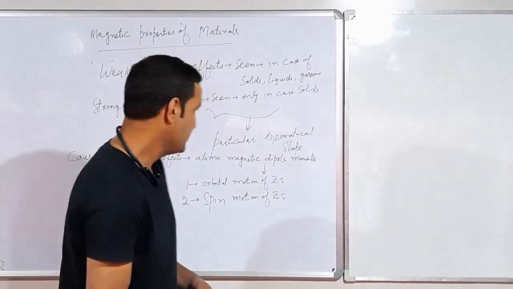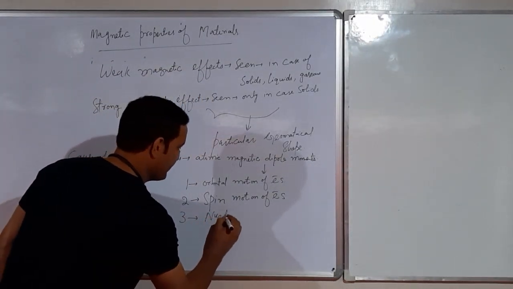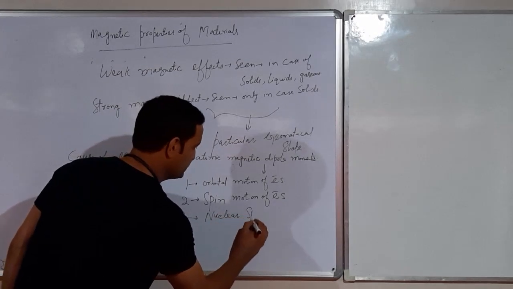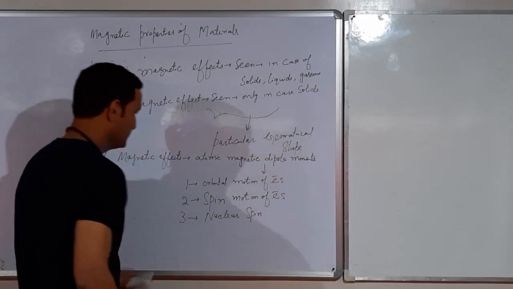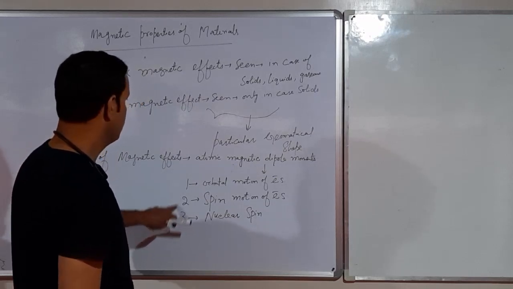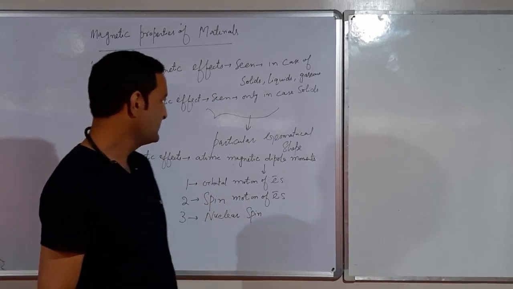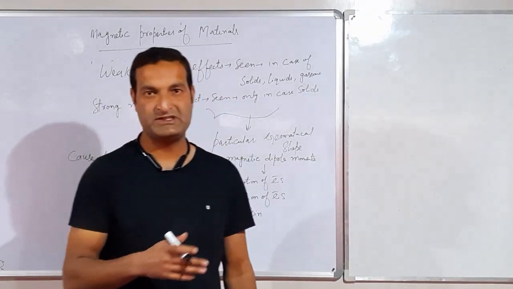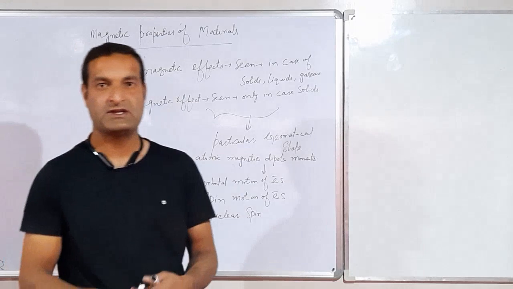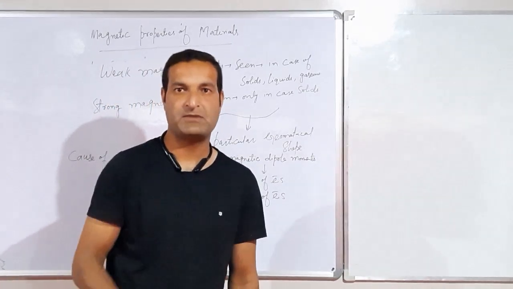The third one is the nuclear spin. So these three types of motions are responsible for creating the atomic magnetic moments, and due to these, a magnetic effect is seen within the material.